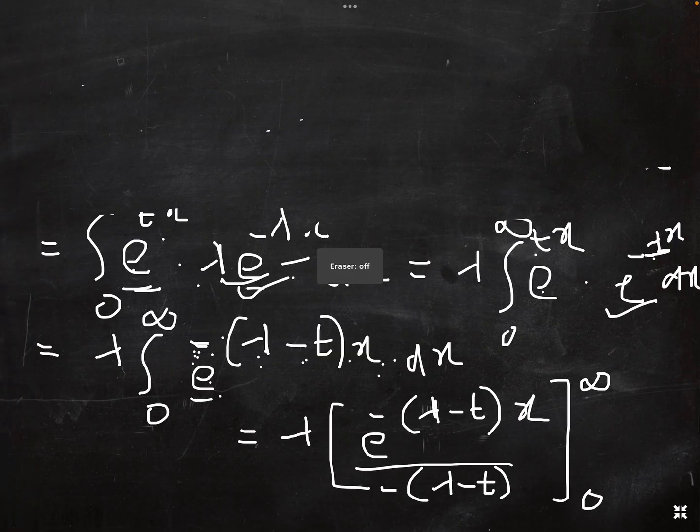That is equal to lambda by minus lambda minus t. Okay, this step. Okay, minus lambda by lambda minus t. Okay.